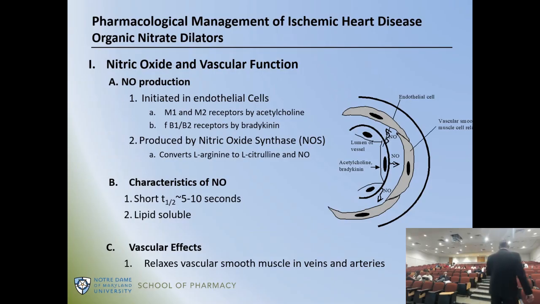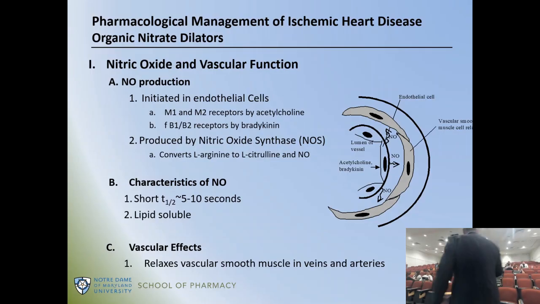It has an extremely short half-life and is produced by the endothelial cells that line the interior of your arteries. These cells have special enzymes that allow them to make nitric oxide.